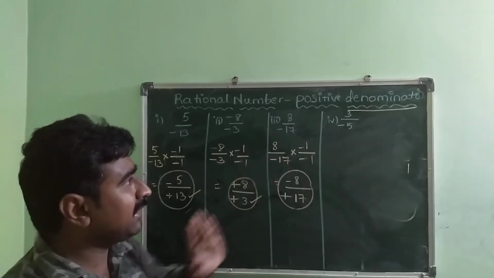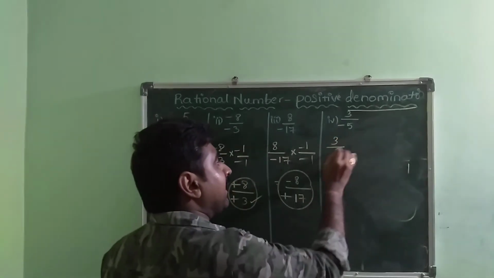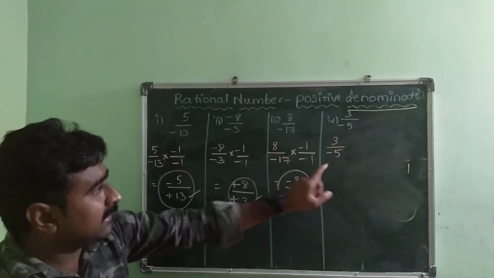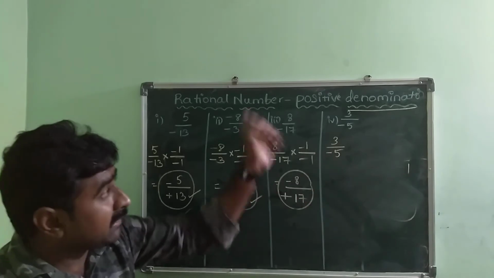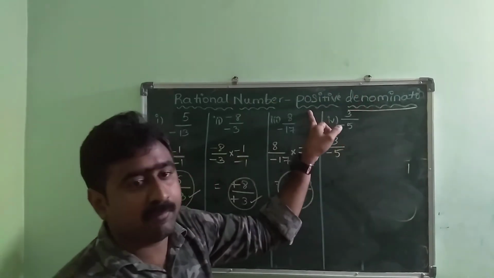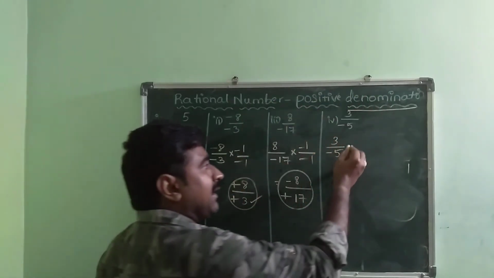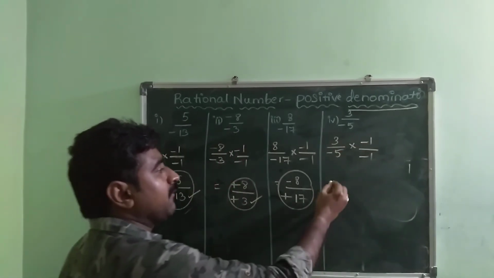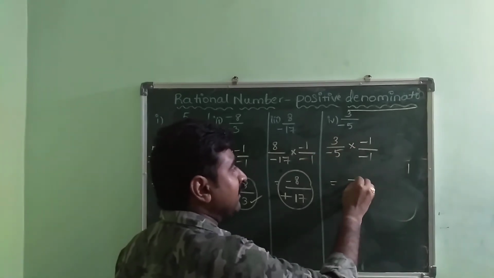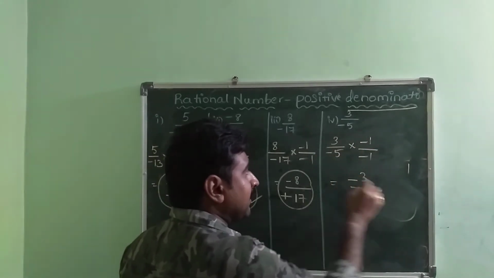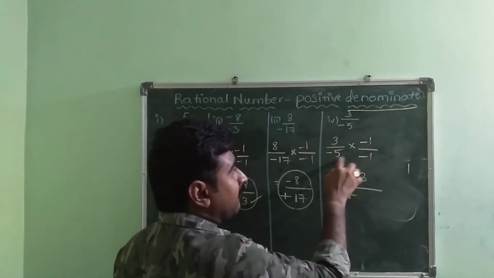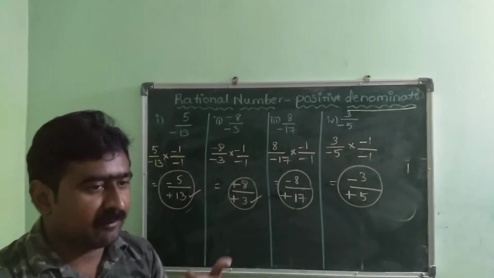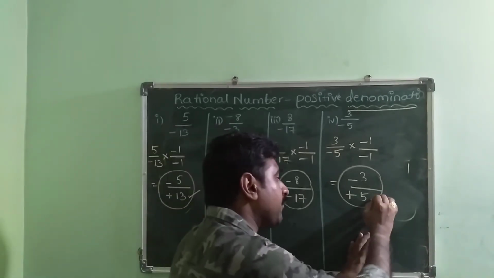The next rational number is 3 by minus 5. Here the denominator is in negative form, but our target is to make the denominator positive. So again by multiplying with minus 1 and dividing with minus 1, plus into minus, minus 3 into 1, 3, divided by minus into minus plus 5 into 1, 5, so the answer is minus 3 divided by plus 5, so the denominator has become a positive value.